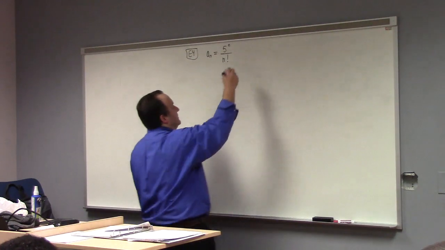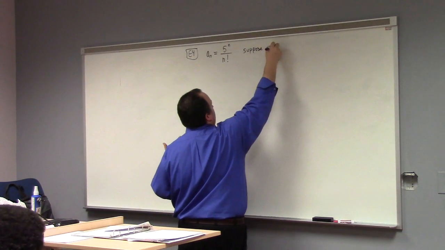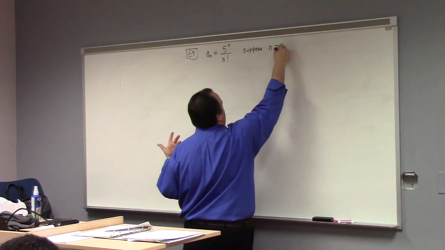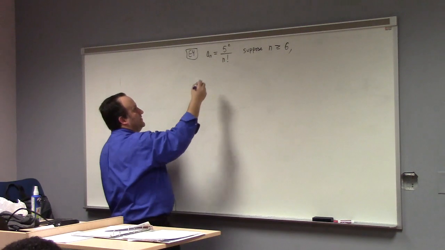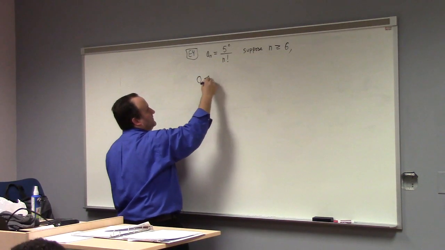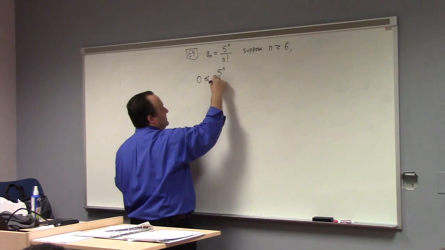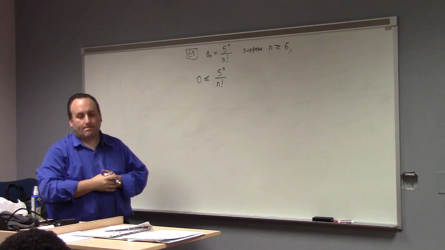Basically, it's this. Suppose n is, for the sake of our convenience, greater than or equal to 6. And then you can do this. 0 is less than or equal to 5 to the n over n factorial, right? Fine. But then what?